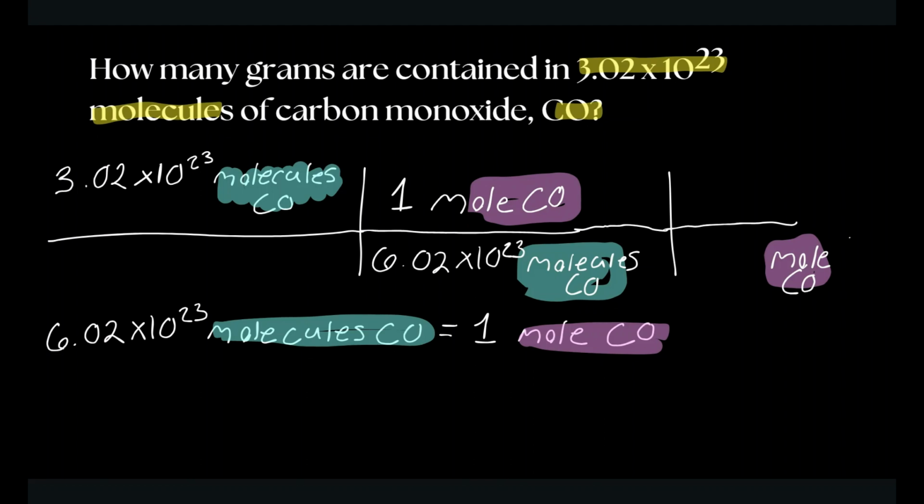Looking at our molar mass, we do have a compound, which is our carbon and our oxygen. In order to calculate the molar mass, we are going to add up the individual masses.